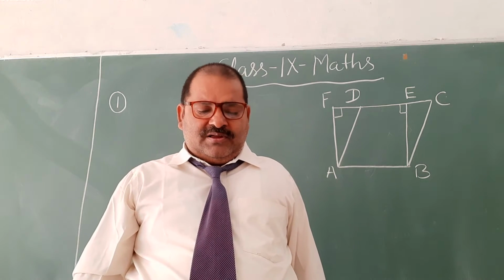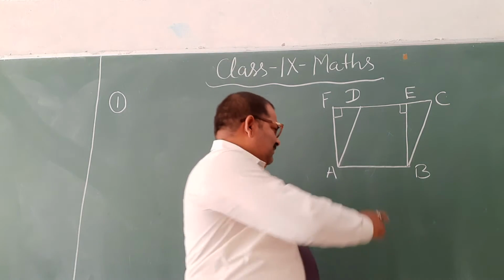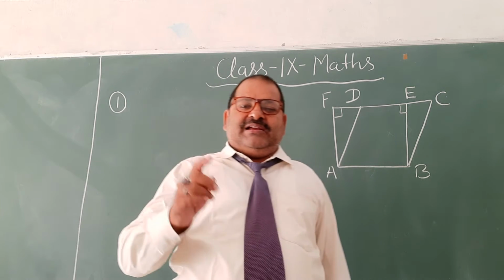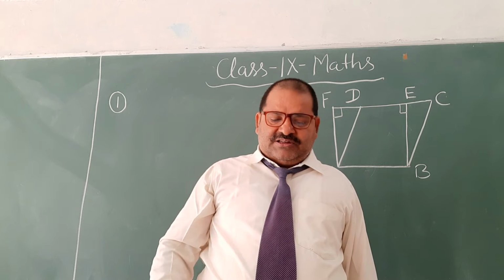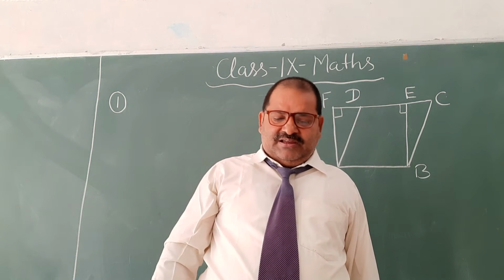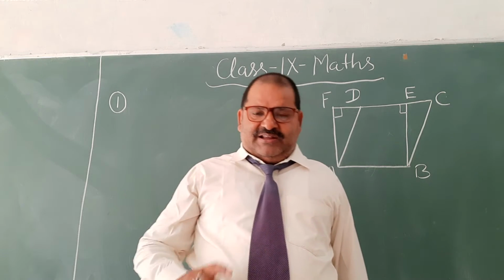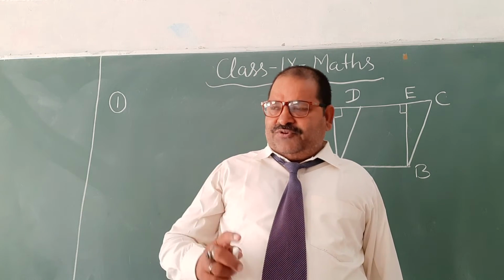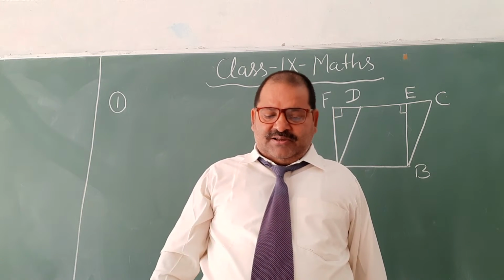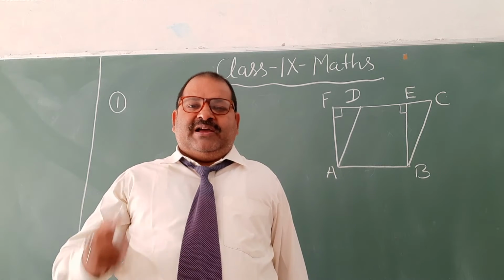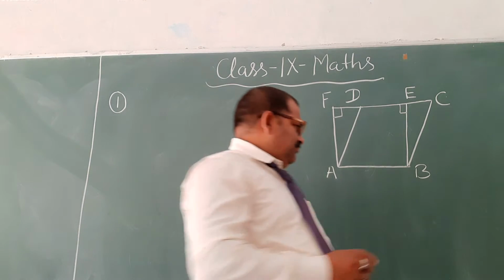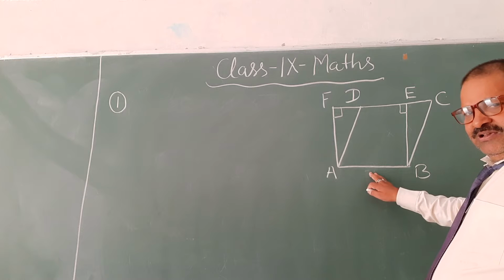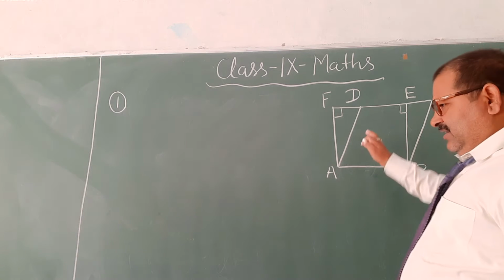The parallelogram and rectangle have the same base AB and are equal in area.